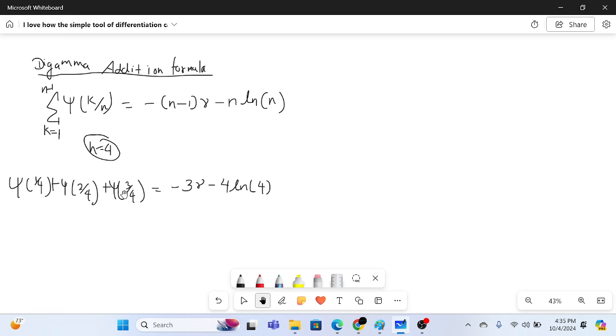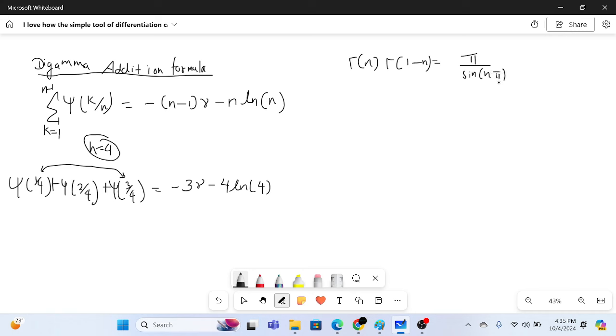Okay, now how are these two related? These two are related by the reflection formula. We know that for the gamma function, the reflection formula is gamma of n times gamma of 1 minus n is equal to pi by sine n pi, right?